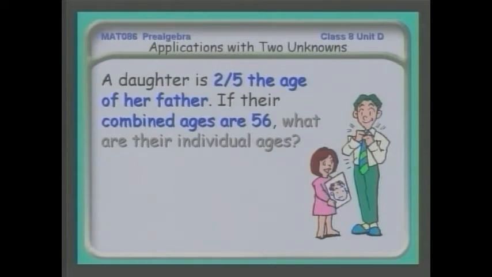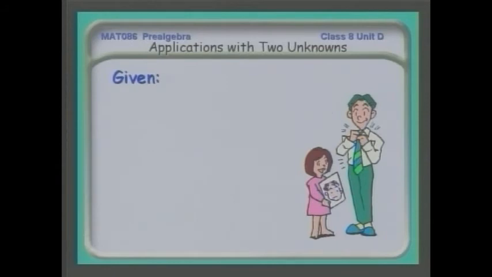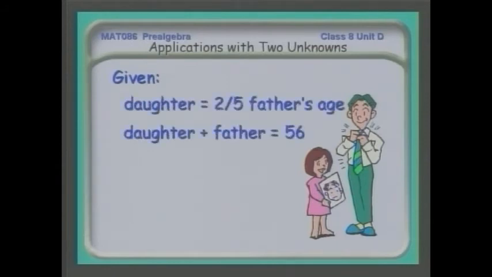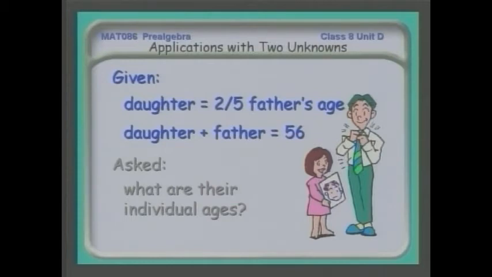The combined ages are 56, and what's asked for are their individual ages. Summarizing this, we're given that the daughter is 2/5 the father's age. The sum of their two ages, their ages combined, is 56. And we want to know what the individual ages are.